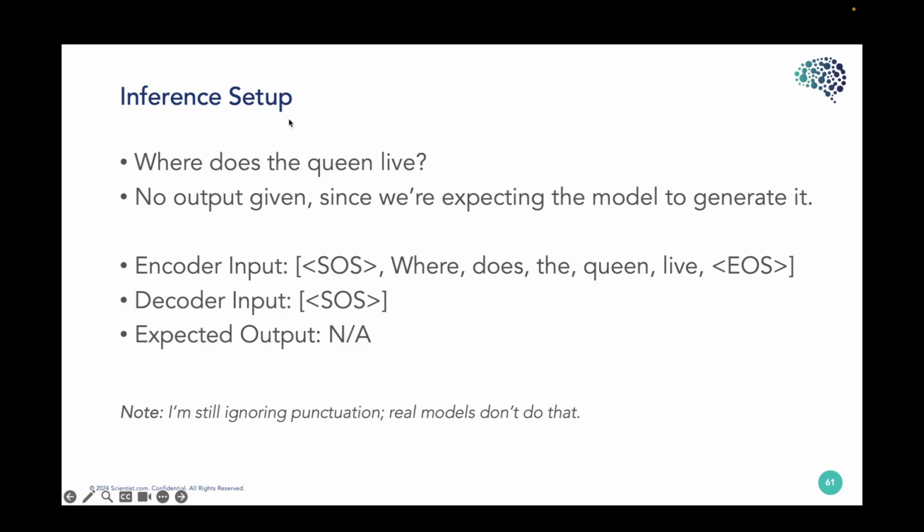We're going to set the encoder input up exactly the same way. We're going to tokenize it, prepend SOS, and append EOS. We end up with the same input. Since we don't have an expected output, that's basically just an empty array. You can prepend SOS to an empty array, and you basically just end up with SOS. So our decoder input is going to be a single token, start of sequence.